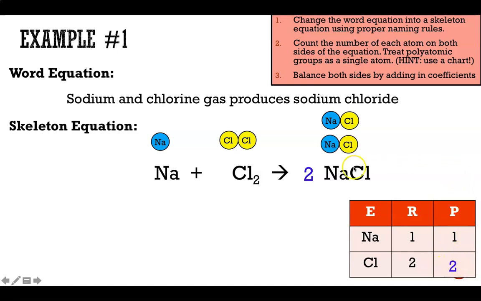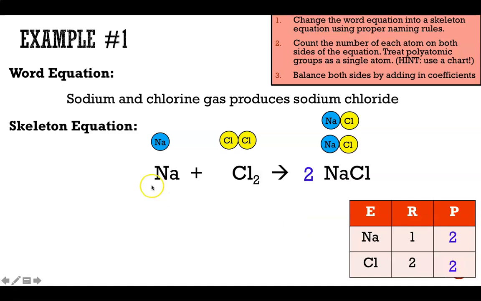However, be careful, because this 2 applies to both things in the compound. So that didn't just change chlorine, it also added in another sodium. So this number has also changed in our chart. So now my chlorines are good, but my sodiums are not.